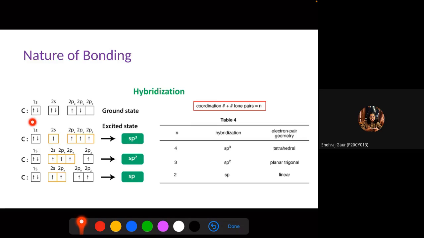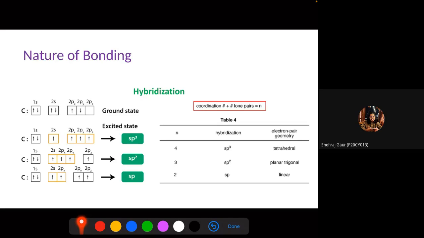The ground state is of course 1s2 2s2 2p2, but you can also have hybridization, which leads to different kinds of bonding: sp3 bonding, sp2 bonding, or sp bonding, giving rise to different excited states. This hybridization leads to chemical bonding with other elements or even with carbon itself, and to the formation of different allotropes of carbon.